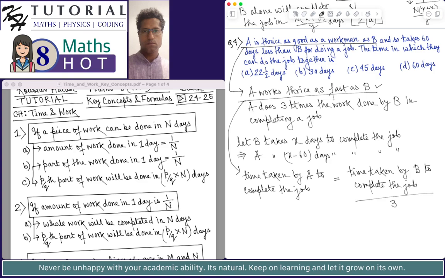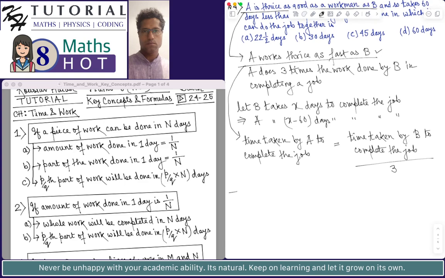Please note, the given fact was A is thrice as good as a workman as B. Good means A is doing more work in a given time, which essentially means that A works thrice as fast as B. This also means that the time taken by A will be 1/3 the time taken by B.